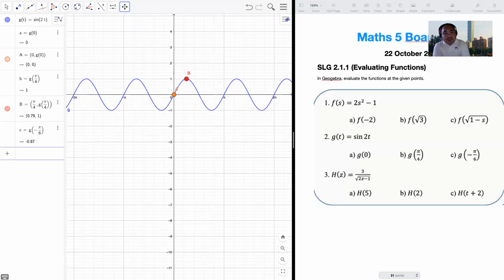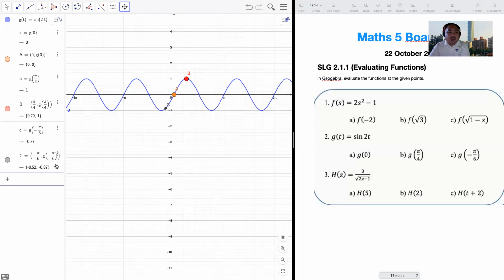If you want again to see the point where this is exactly in the graph of g of t, then you can always write, let that be point C now, negative pi over 6, g of negative pi over 6. And there you go. And you will see that it is at negative 0.87. I would venture that that is the square root of 3 over 2.